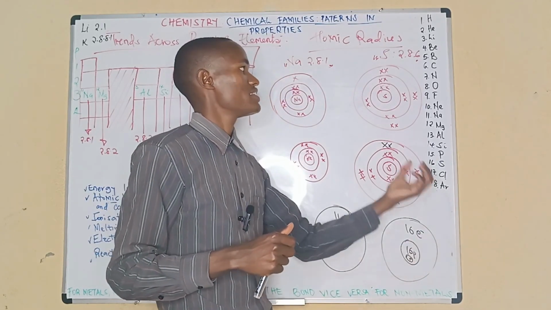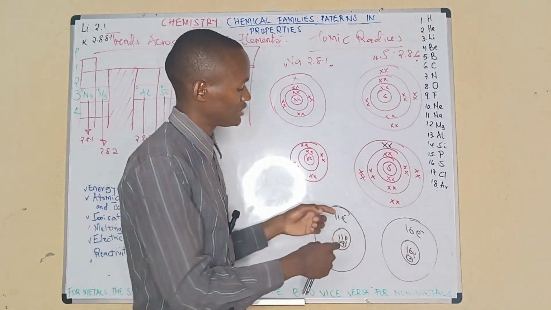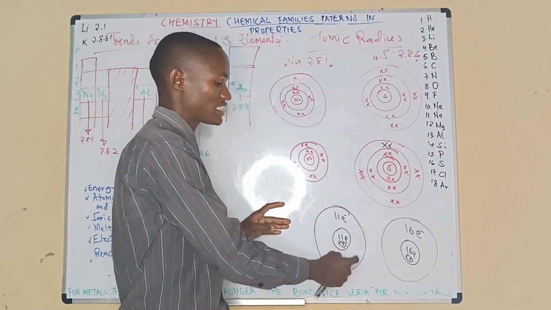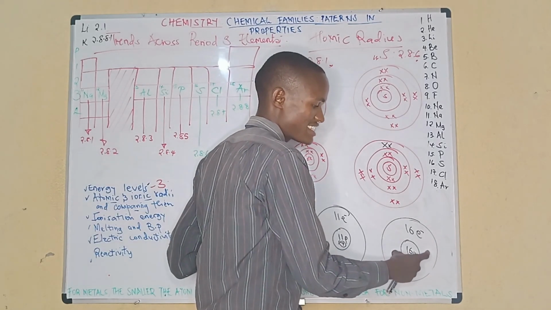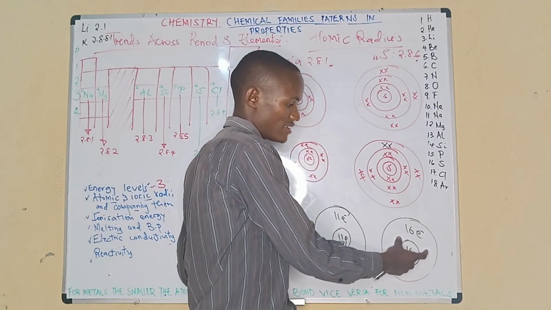If we had argon, the same case, it could have 18 protons and 18 electrons, but it is pulling from the same energy level. That is the maximum the electrons are. And therefore, this one has a higher nuclear charge.